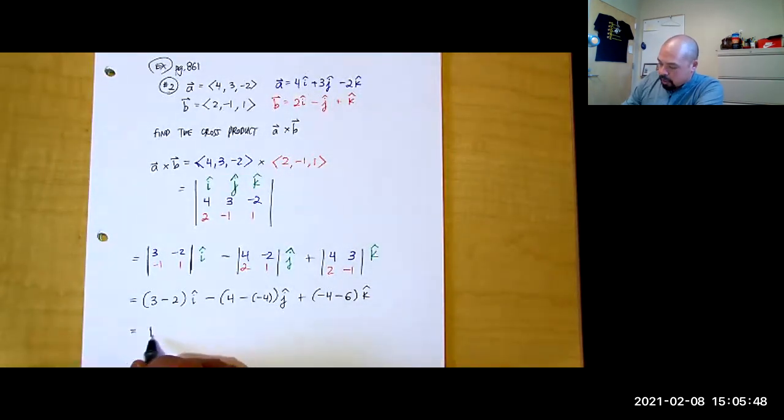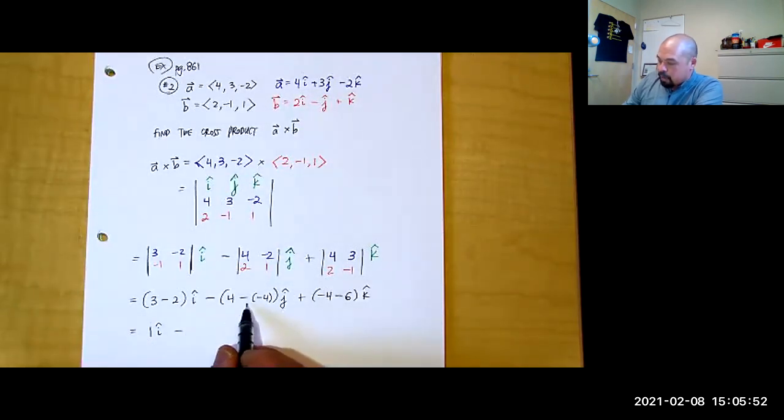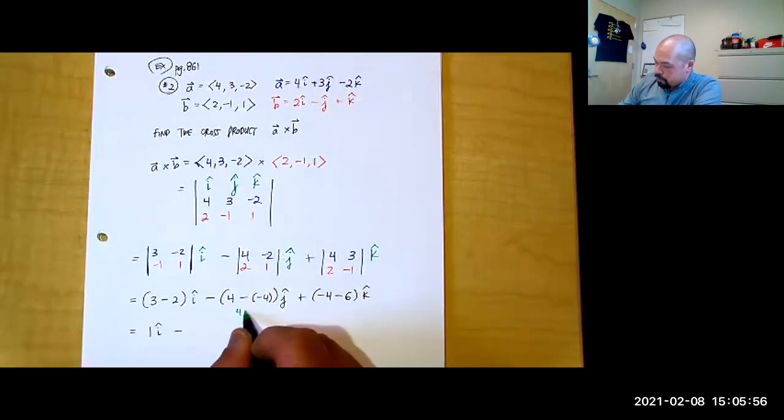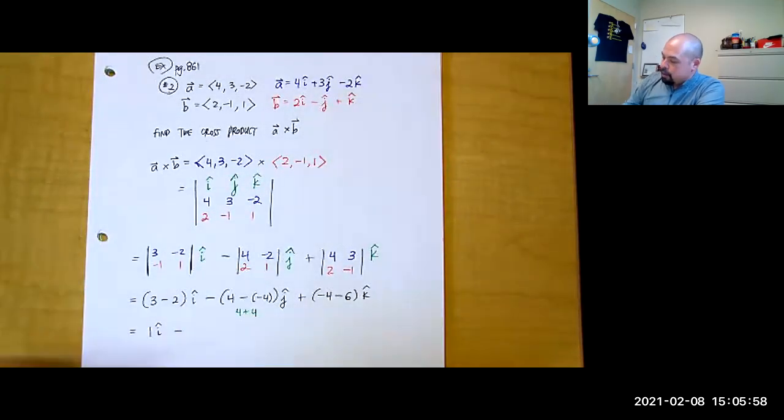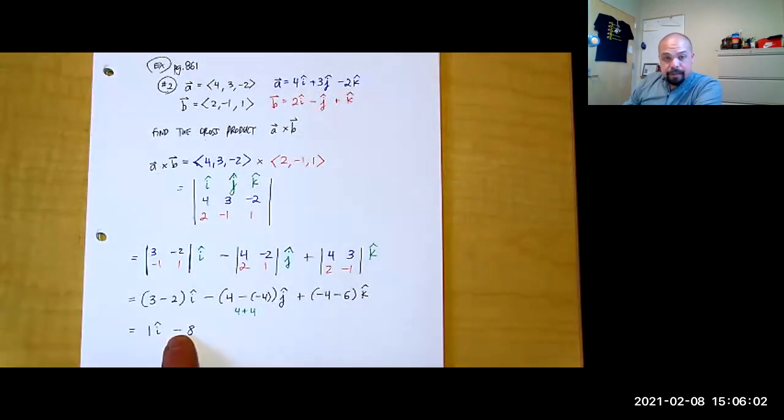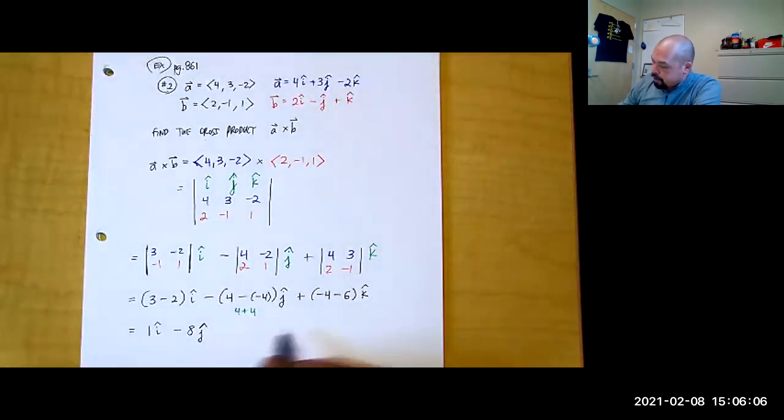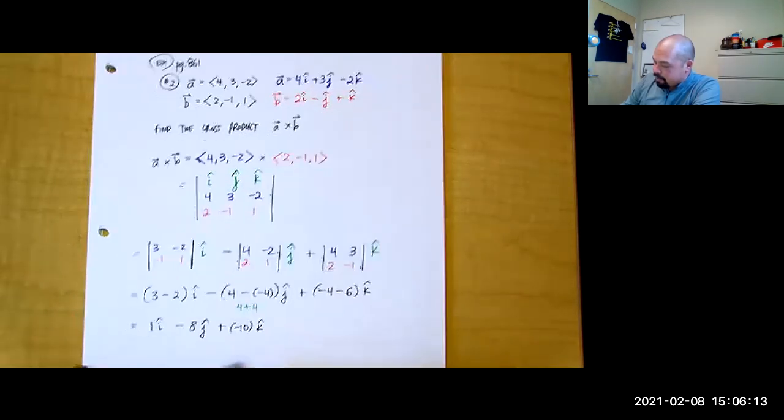Computing here, 1i minus 4 minus a -4, that turns into 4 plus 4. So that's minus 8. That subtraction's still there for the j. Plus -4 minus 6, a -10. We can make that a minus 10, right?